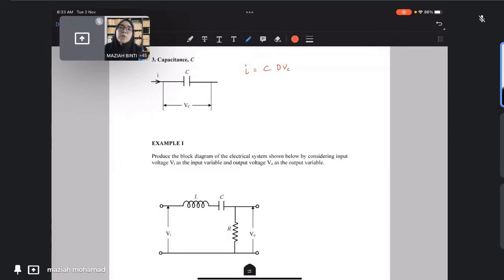Then in order to analyze electrical system, normally we use Kirchhoff law, meaning to have relationship between all the elements in a circuit.